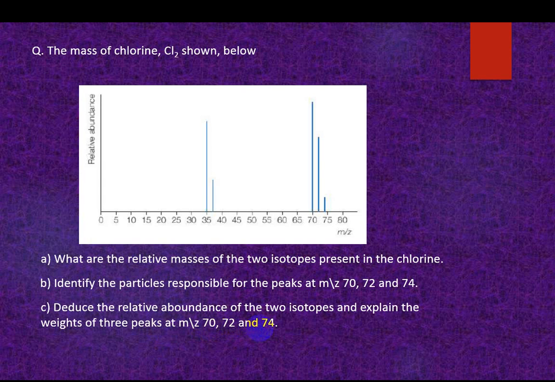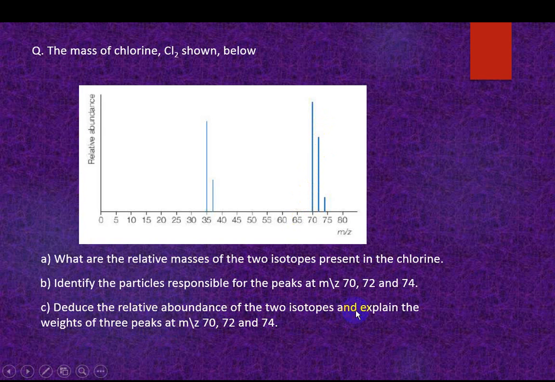So what will be the relative abundance of the two isotopes?